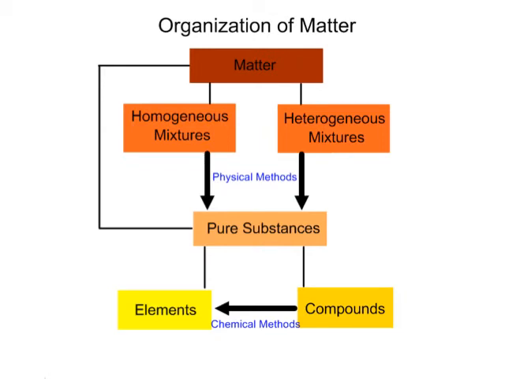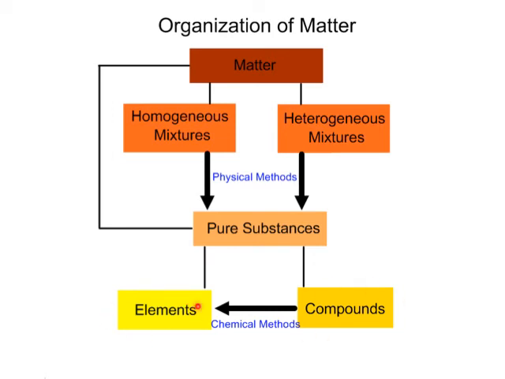So here's a little flow chart for you. If you want to think about matter, it could be a pure substance, it could be a homogeneous mixture or a heterogeneous mixture. In order to separate these mixtures out and get our pure substances back, we can use physical methods of separation. And pure substances are going to be either elemental or they're going to be made up of compounds.